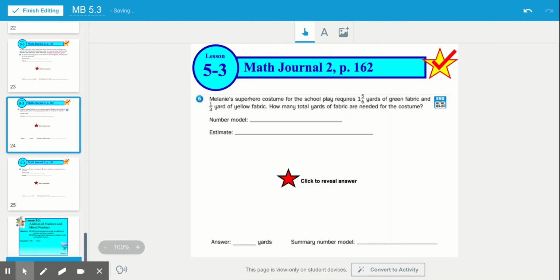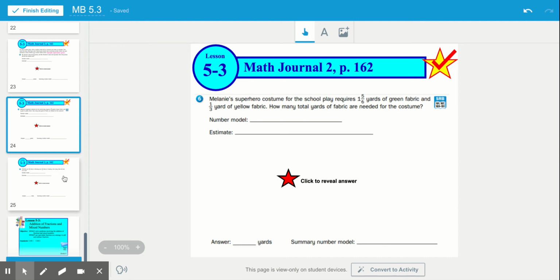Number 6 says Melanie's superhero costume for the school play requires 1 5/6 yards of green fabric and 1/3 yard of yellow fabric. How many total yards of fabric are needed for the costume? Again, use cubes. Think through this. Look at your denominators. Are they the same?